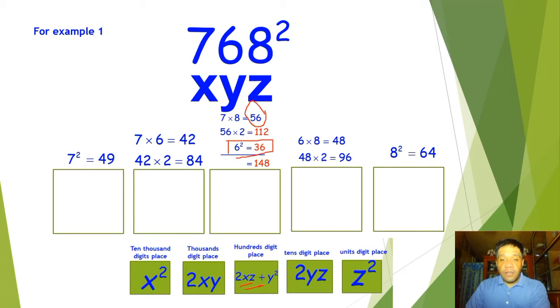Then we also have 2yz, twice the product of the tens and units place values, which are 6 and 8. So 6 times 8 is 48, and twice 48 is 96. So we now have in the first part 49, 84, 148, 96, and 64.